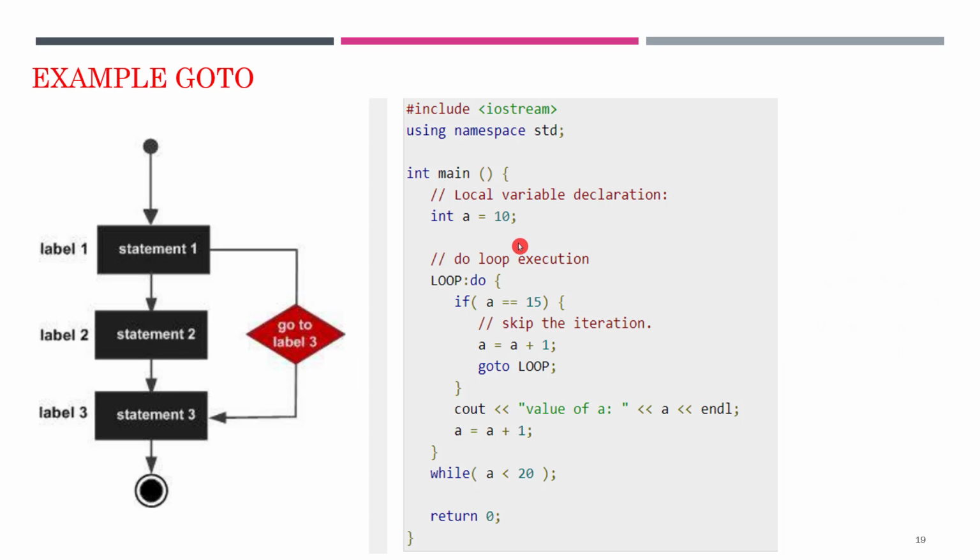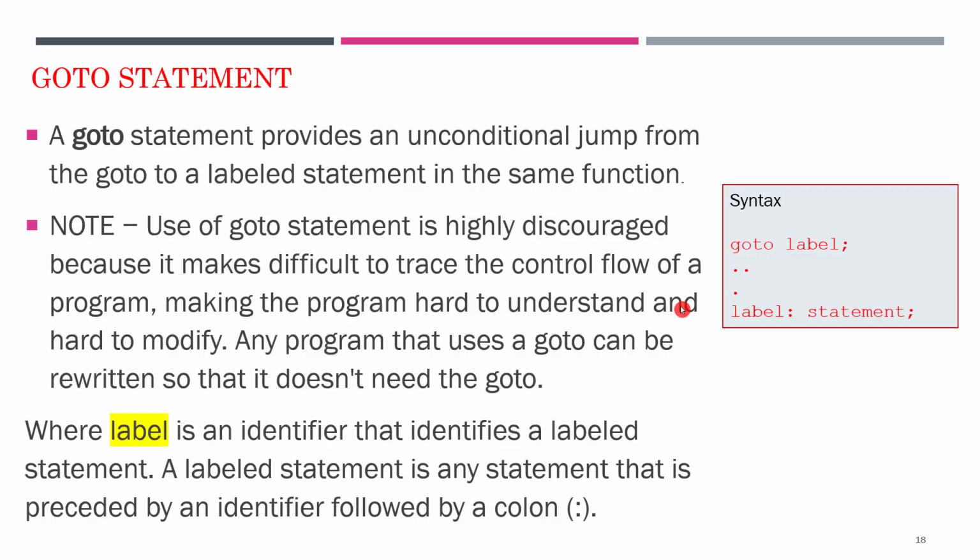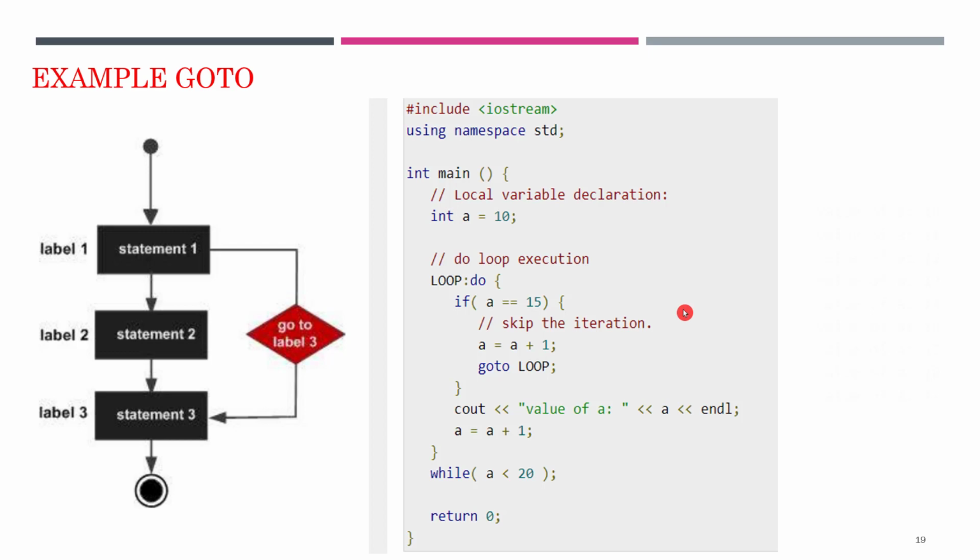Hash include iostream, using namespace std, int main, local variable declaration, int a equal to 10, loop execution. Here we are putting loop: this is the label, identified with that symbol.